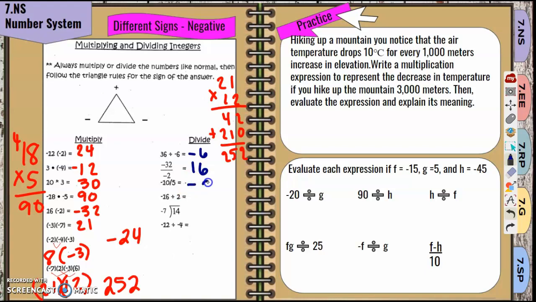A negative divided by a positive is a negative. 16 divided by 2 is 8. A negative divided by a positive is a negative. 14 divided by 7 is 2. A positive divided by a negative is a negative. And 12 divided by 4 is 3. A negative divided by a negative is a positive.